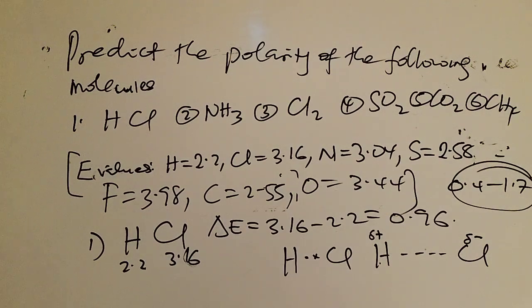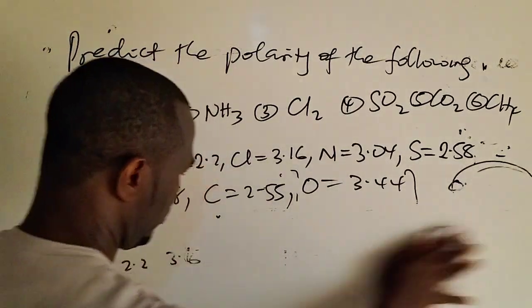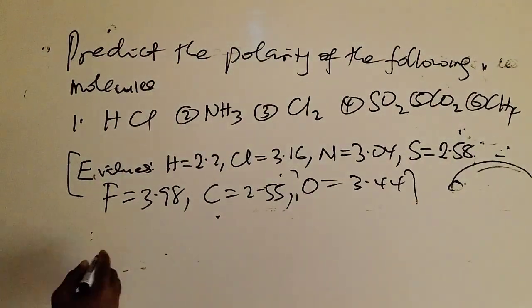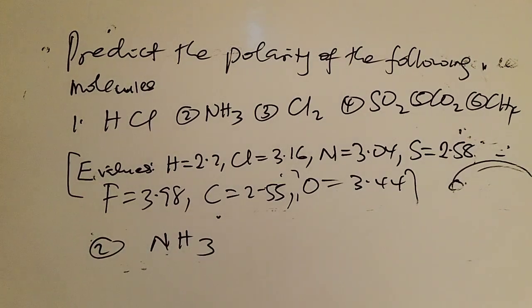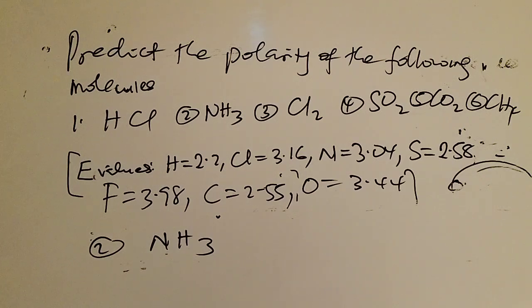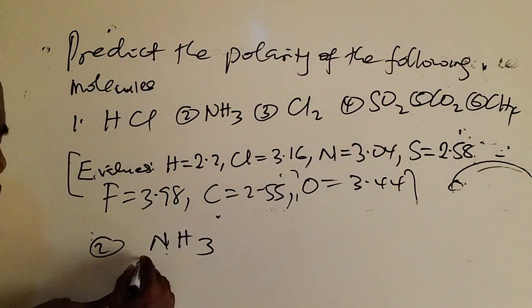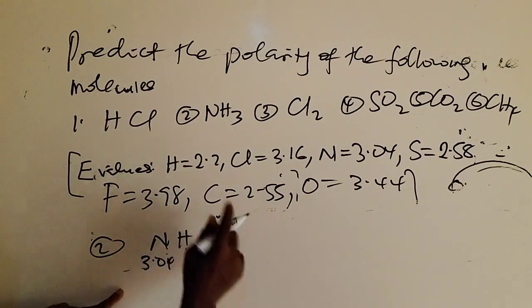Now going to number 2, we're given ammonia. Ammonia is NH3, nitrogen bonded to three hydrogen atoms. Let's just consider one nitrogen and one hydrogen atom. The electronegativity value of nitrogen is 3.04 and of hydrogen is 2.2.